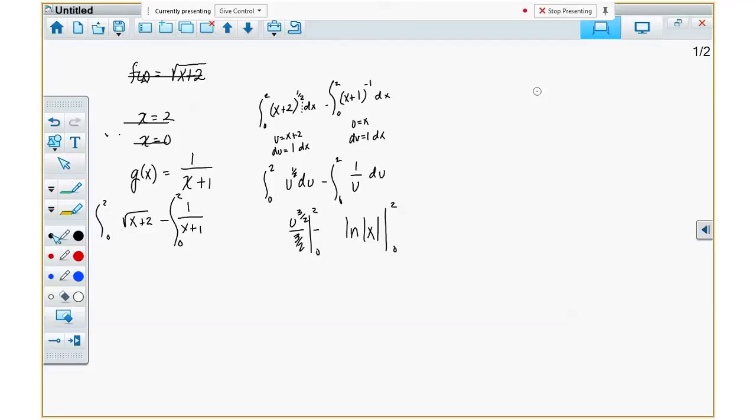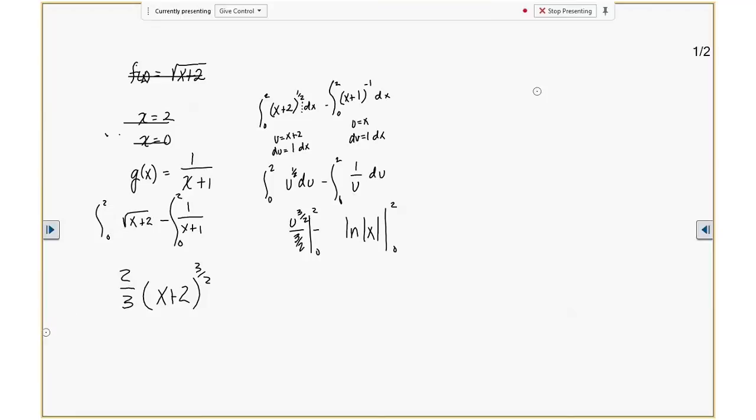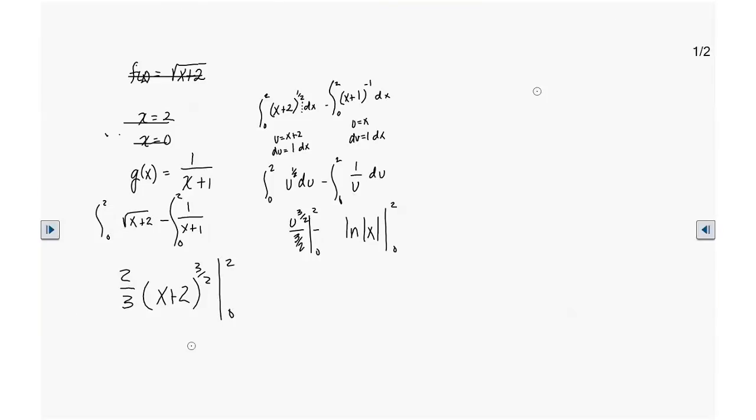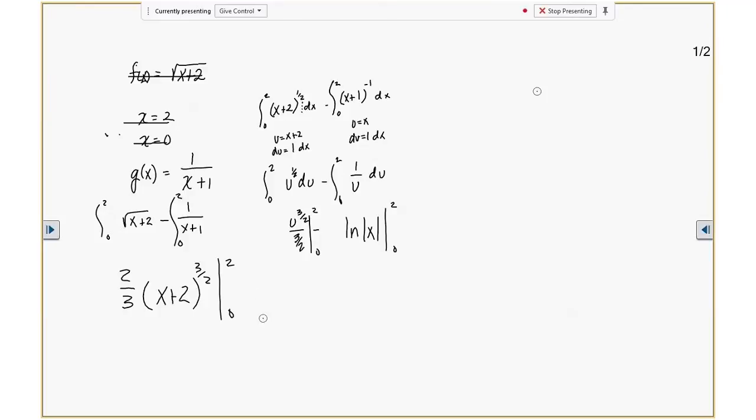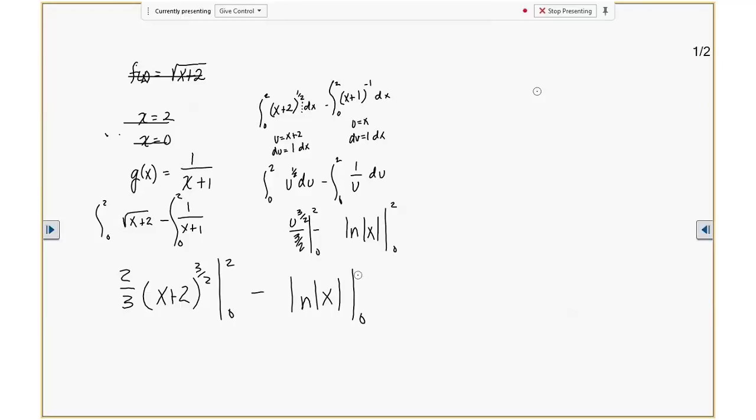So, that u is x plus 2, so that's going to be (x plus 2) to the 3/2 multiplied by 2/3, evaluated at 0 and 2, minus the natural log of x, evaluated at 0 and 2.